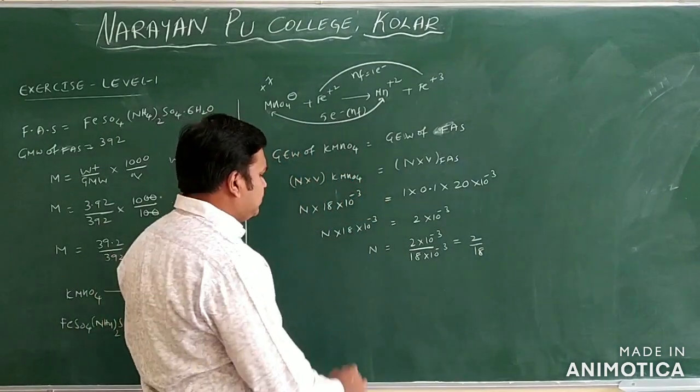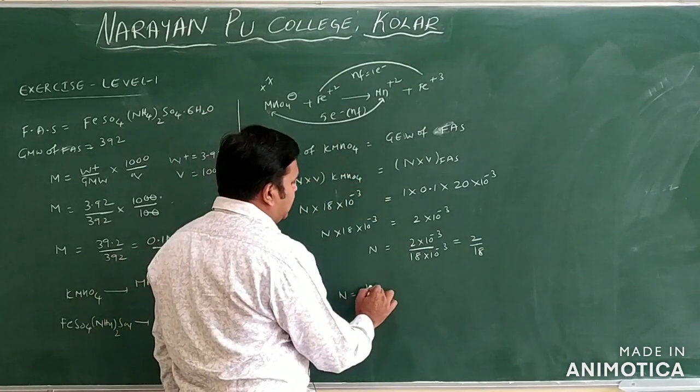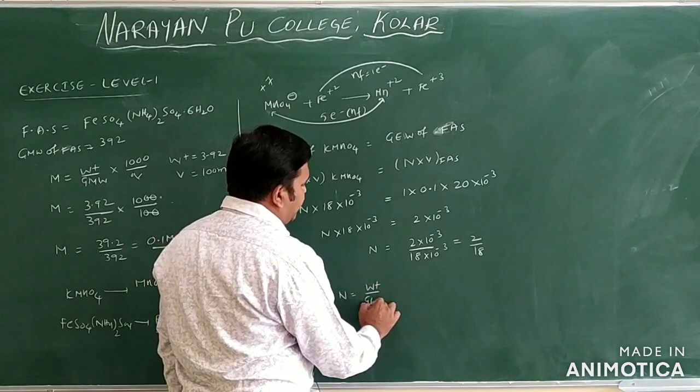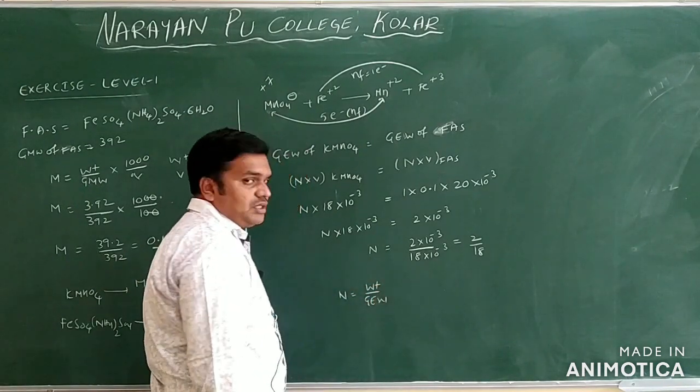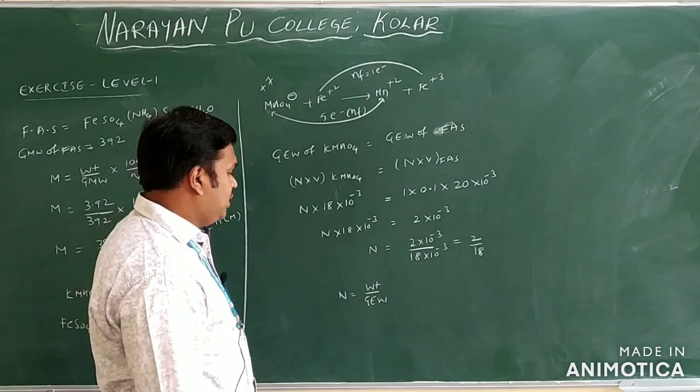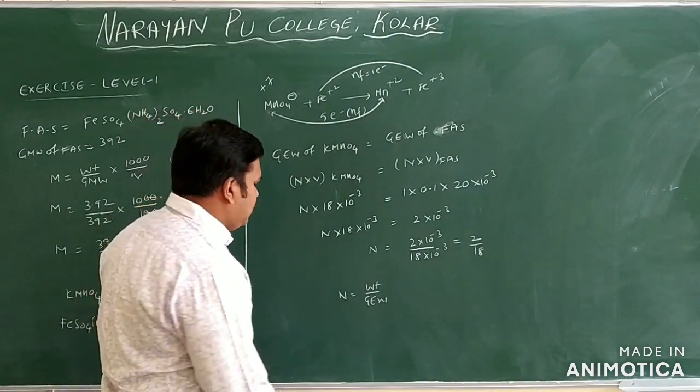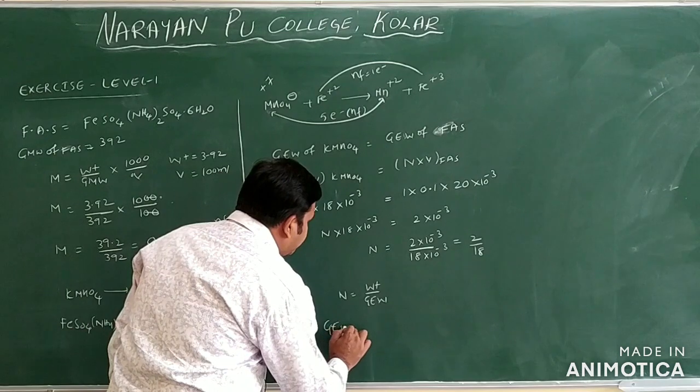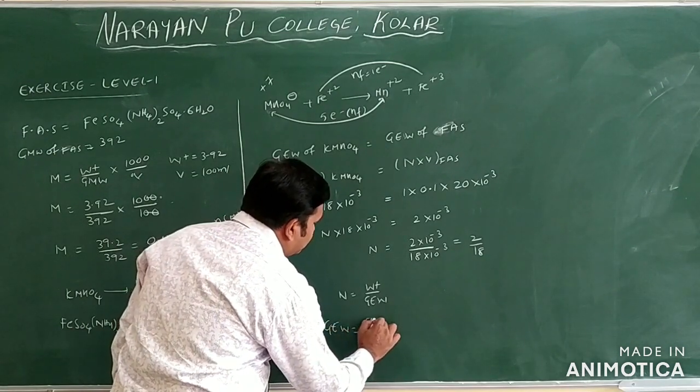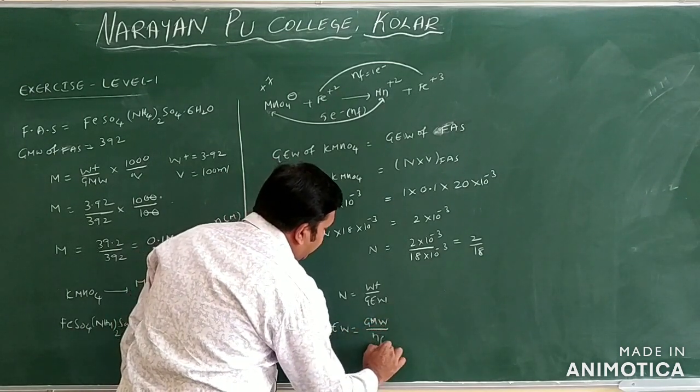But what is the formula for normality? Normality N is equal to weight by gram equivalent weight, so you have to find out the weight. Gram equivalent weight is equal to gram molecular weight by n factor.